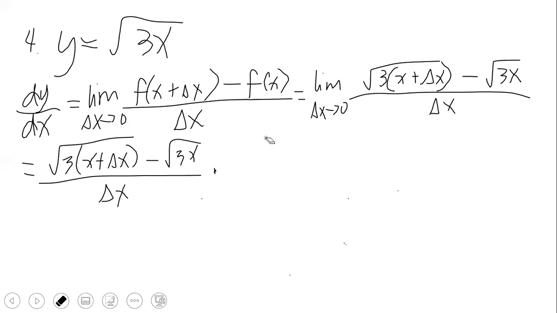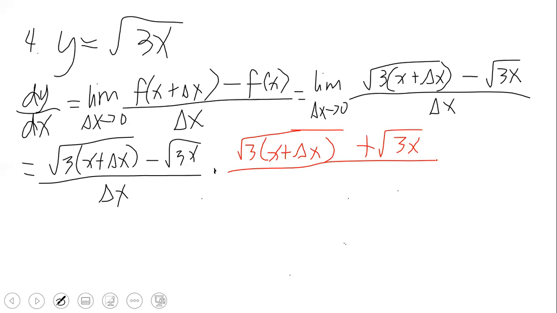So that will be square root of the same term pa rin, x plus delta x, tapos by its conjugate na, plus square root of 3x all over the same also term. So quantity 3 times of this, x plus delta x, tapos same ulit, square root of 3x.